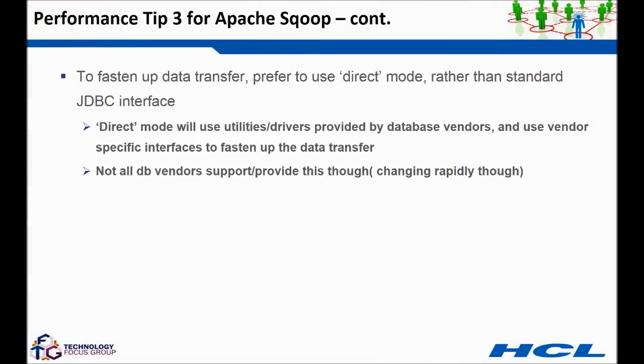Performance tip number 3. To speed up data transfer, prefer to use direct mode rather than the standard JDBC interfaces. Most database providers, especially open source ones and some big vendors, support their own utilities and drivers where you can directly pull the data or export it back using direct mode.